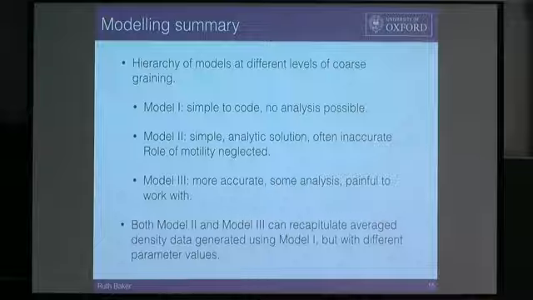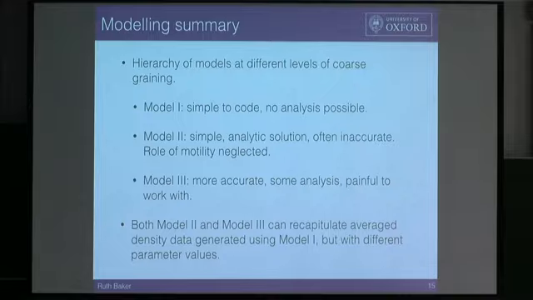Model 2 has a simple analytic solution, but it's often quite inaccurate. In particular, the role of motility is gone in that model. Model 3 is more accurate. You can do a bit of analysis, but it is pretty painful to work with. Certainly, if you want to go to 3D or include multiple populations, it's not so nice.